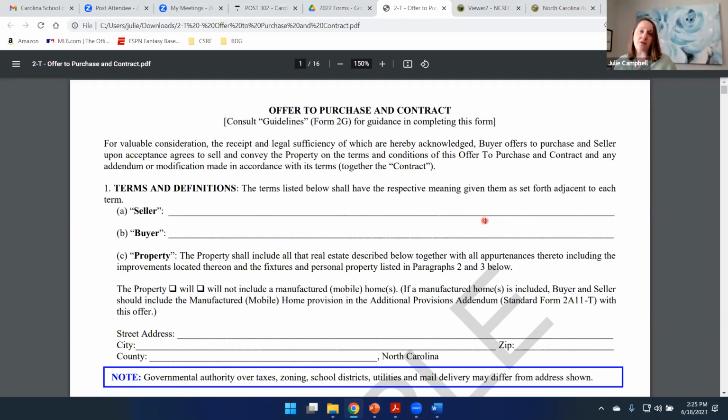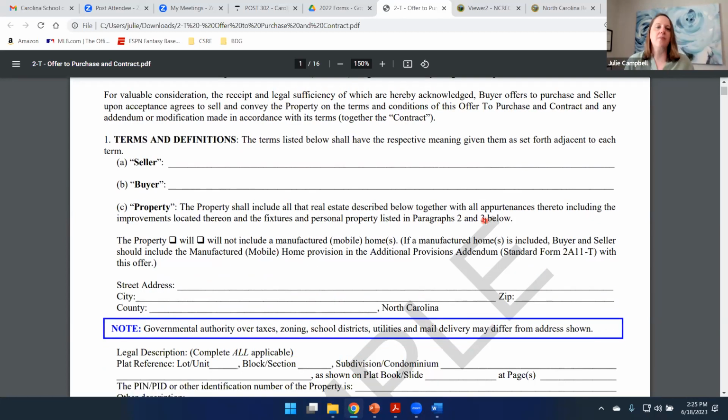The first provision of our offer to purchase and contract, we're going to spend the first 2.5 pages defining terms and definitions. There's various things that we have to define. So we're going to spend the first couple pages going through that. And the first thing we're going to define is who are the sellers and who are the buyers.